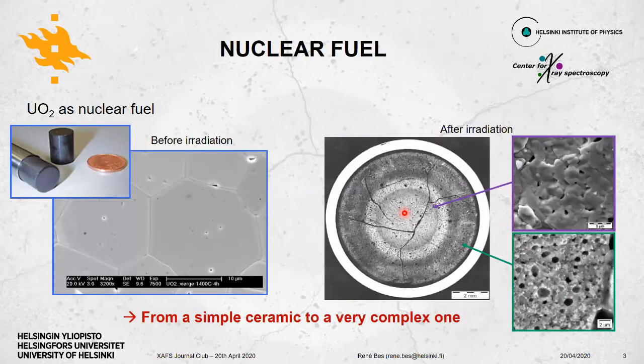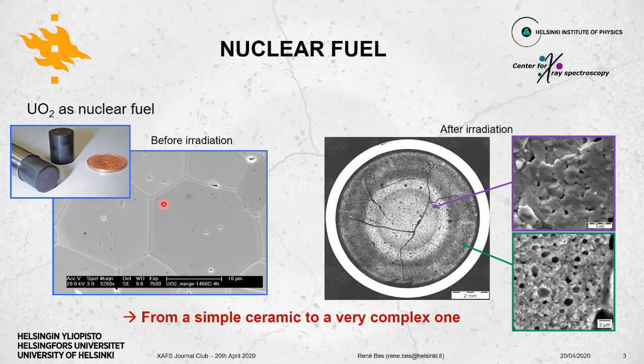First, let me talk about nuclear fuel, and more precisely about uranium dioxide, which is the most widely used nuclear fuel in the world. And actually, it's a simple ceramic at the beginning. On the left side, you have the typical pellets of nuclear fuel.